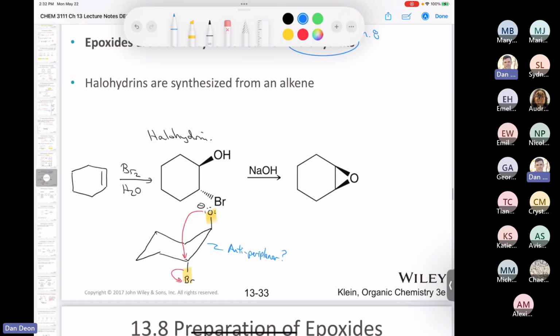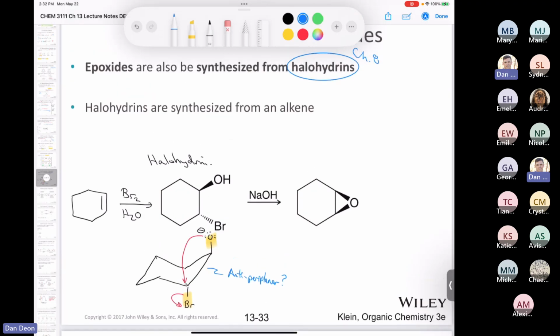And so that's why, with a halohydrin, the good thing is that you get anti-addition. Again, the hydroxyl and the bromine are on opposite faces of the molecule. So if they're both in an axial position, you can do this SN2 reaction and make an epoxide just like that.